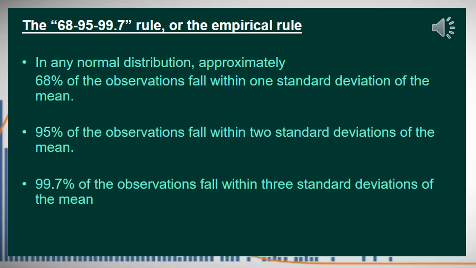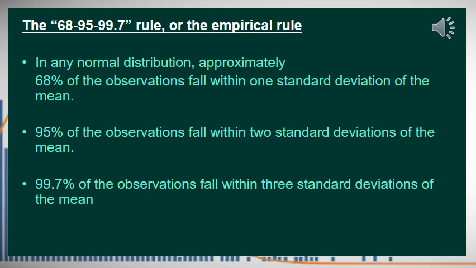And the empirical rule, which is a very important rule in statistics, says that in any normal distribution, in any bell curve, most people are between one standard deviation below and one standard deviation above the mean.